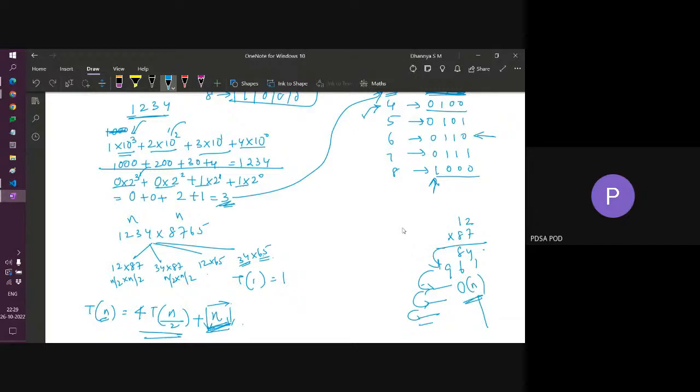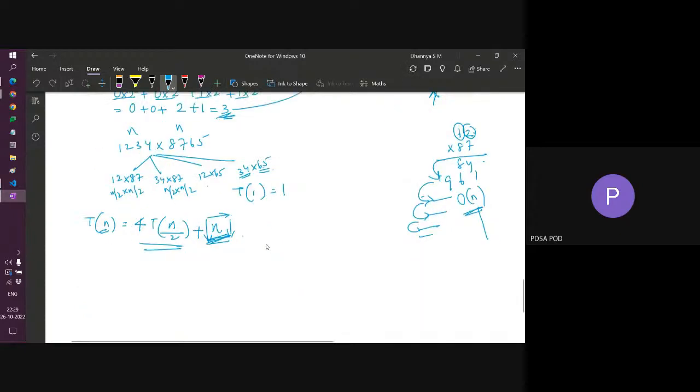So the computation you are going from this to this will be taken care of in the subproblem. That is the subproblem for 12. Okay, so the worst case scenario is when you have, okay, just forget about it.